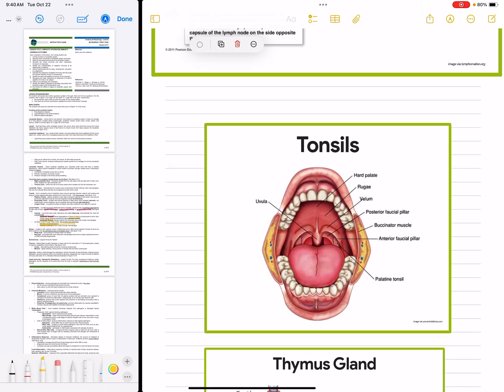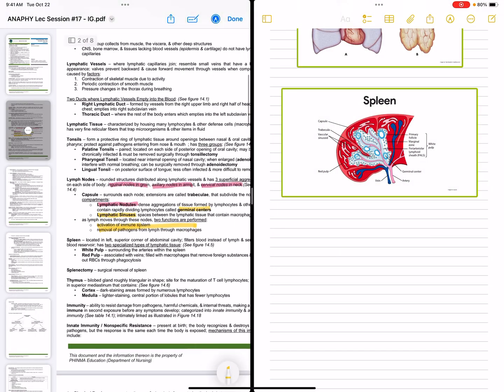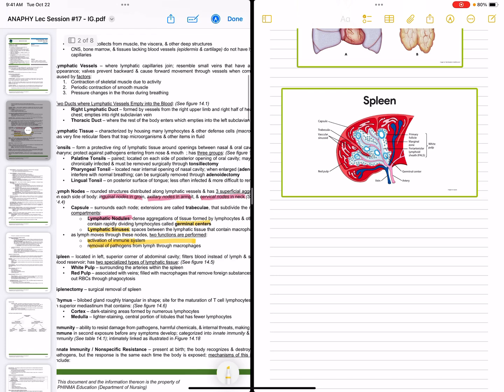Tonsils naton. So, ang tonsils naton are small masses of lymphoid tissue that ring the pharynx, or ang throat, where they are found in the mucosa. Okay? 3 groups ang tonsils naton, ha: palatine tonsils, pharyngeal tonsil, and lingual tonsil.